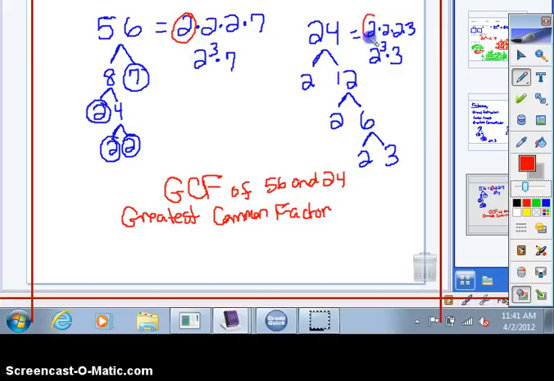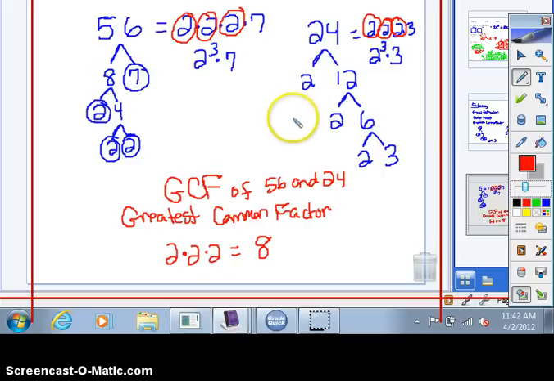Here's a 2, here's a 2. Here's a 2, here's a 2. Here's a 2, here's a 2. Do the 7 and 3 have anything in common? So 2 times 2 times 2, or, be careful, what is 2 times 2 times 2? 8. That is our greatest common factor between 56 and 24.